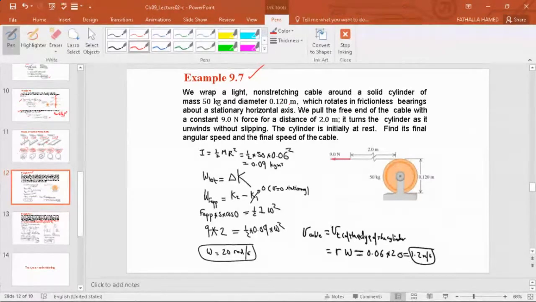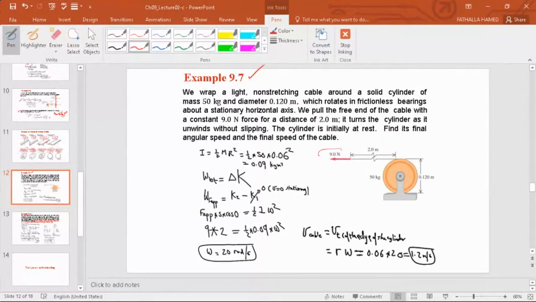We pull the free end of the cable with a constant 9 Newton force for a distance of 2 meters. It turns the cylinder as it unwinds without slipping. The cylinder is initially at rest. Find the final angular speed and the final speed of the cable.